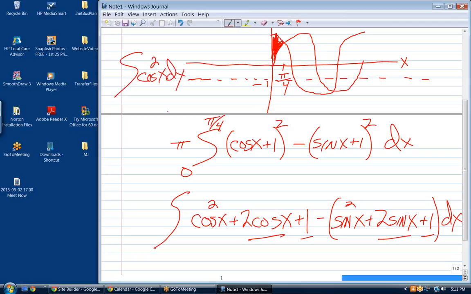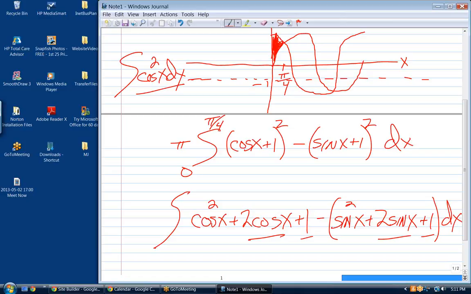Just cosine squared x? I think it may even be the case that they let you leave it like that, because this is a book problem. So we end up turning that into 1 plus cosine of 2x over 2.